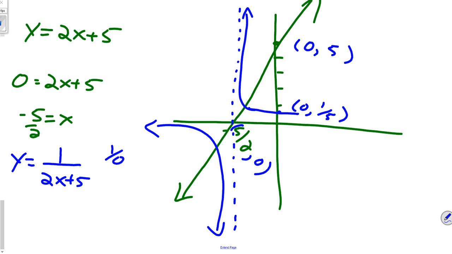It's up to you guys. I always just plot the x and y intercepts. As long as you have the asymptote and the y-intercept in the right spot, I don't care. Yeah, it's too much time. All you need is a sketch in math.